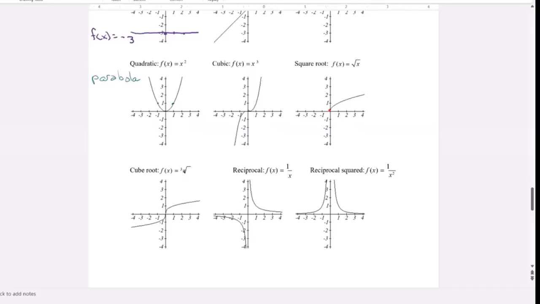Like the square root of 1 is 1, but the square root of 4 is 2. And the square root of 9. So we'd have to go all the way out here to 9 so we can move up 1 more. So we're moving 5 more places to the right. Let's say here. And then we can say, okay, now it's 3. And so slowly it's increasing, but not quickly.